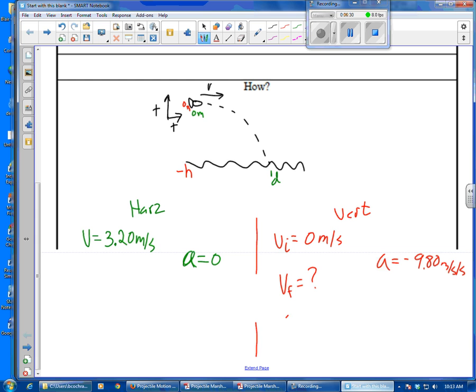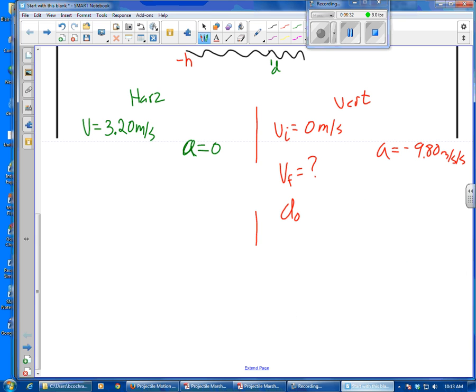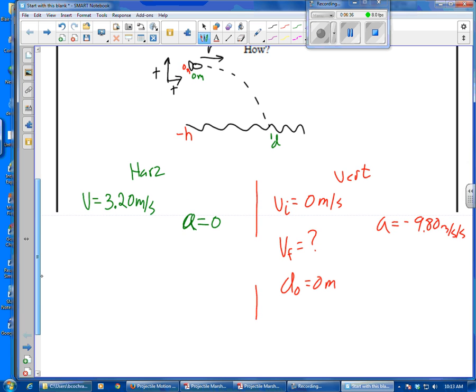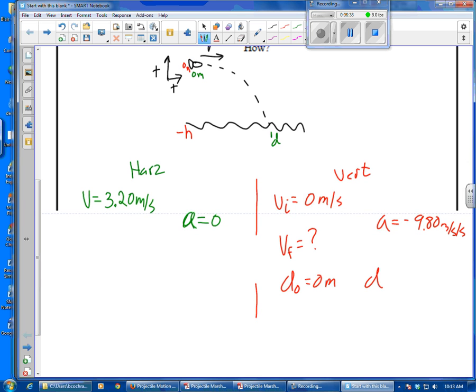I know that my D naught on my vertical side is 0 meters, and its final vertical height is negative H. Over here on my horizontal side, I know my D naught is 0 meters, and my D final is D. Any other facts I know?